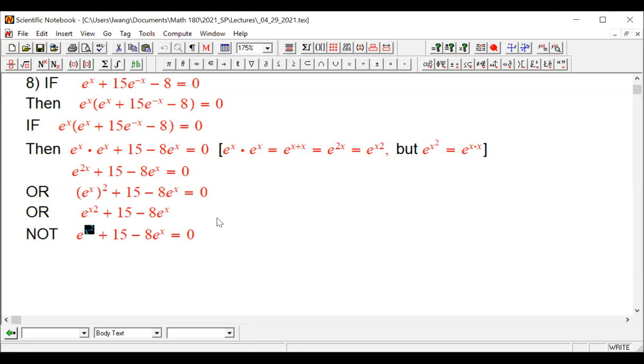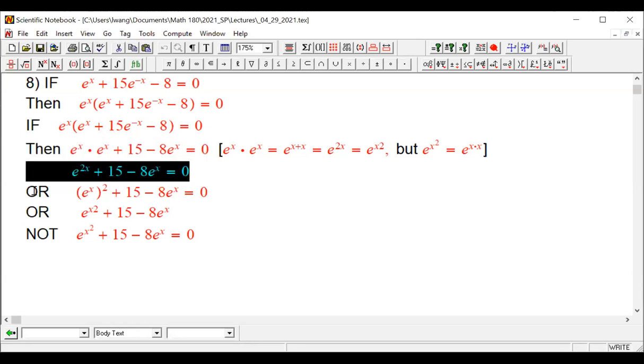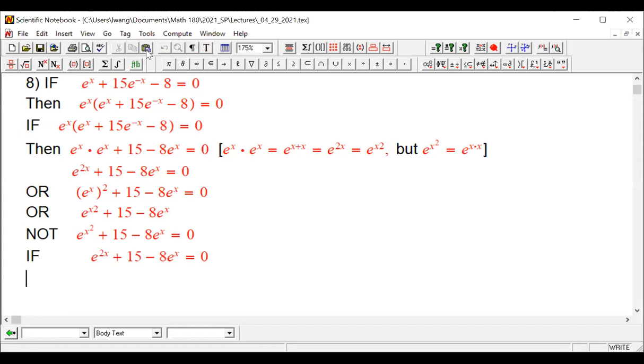All right. If that is true, then that is true, right? And you can continue this process. If this is true, then you switch these 2 terms.